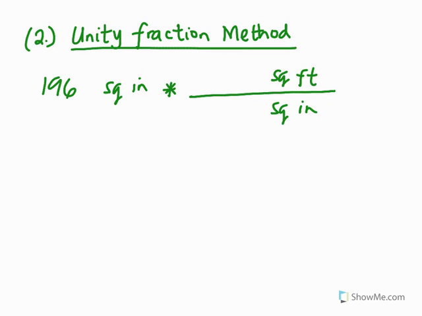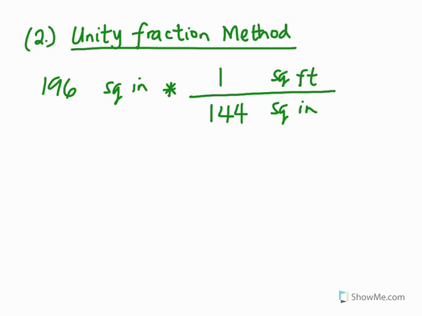So what you are given, which is the square inches, you want to put at the denominator, and what you want to convert to, which is square feet, you want to put at the numerator. Then you ask yourself, what is the relationship between square inches and square feet? We see that 1 square foot is equal to 144 square inches.